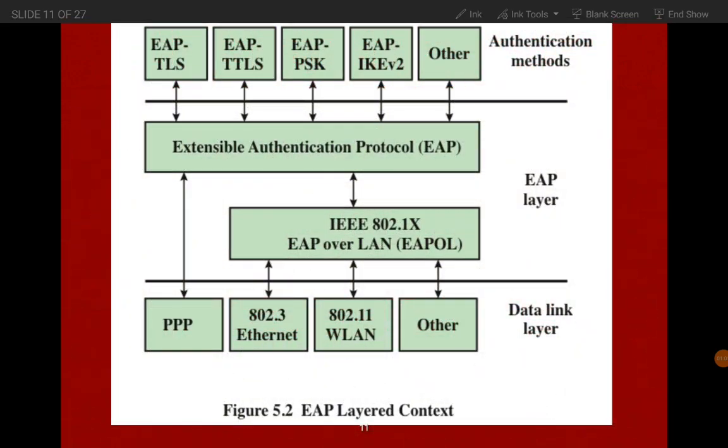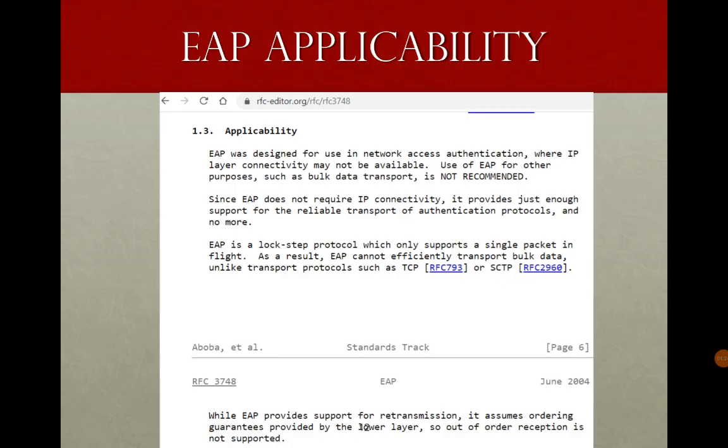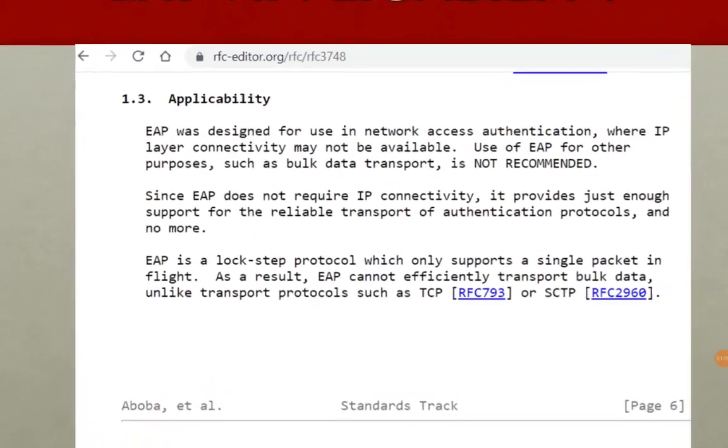So this is the EAP layered context. EAP supports many of the data link layer methods, and we have the EAP layer, and it can support any authentication method as I told, like TLS, TTLS, that is Tunneled TLS, Internet Key Exchange version 2, etc.